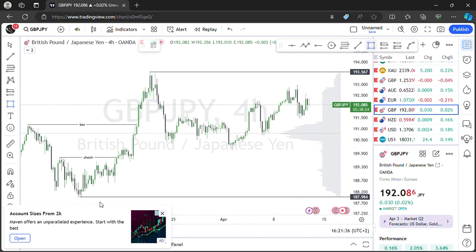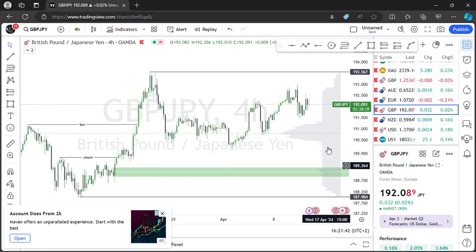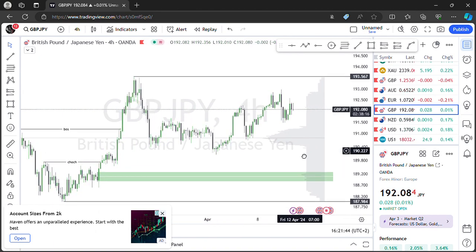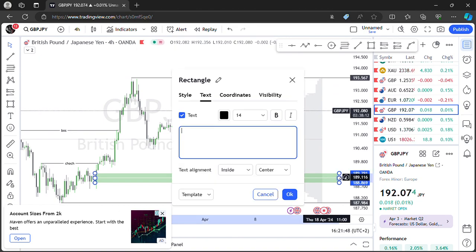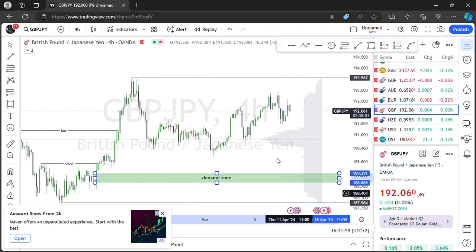It also left us a demand zone here, right? We have an untested demand zone, so we need to just mark it as a demand zone.